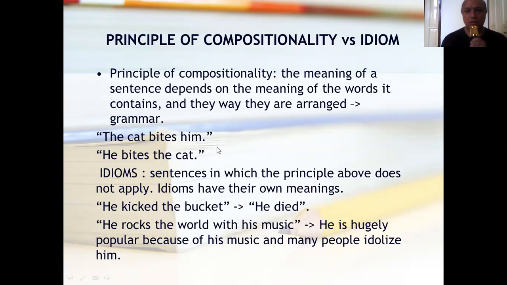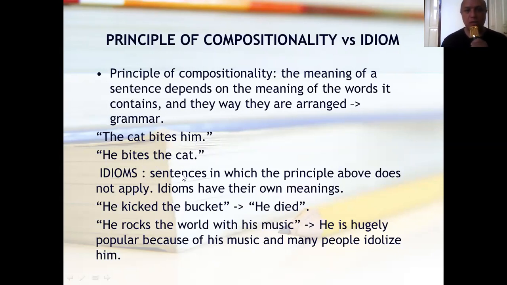So the principle of compositionality applies very well here in the two sentences. The meaning depends on the words that it contains and the order of the words that are applied in the sentence. Now compare that with idioms.